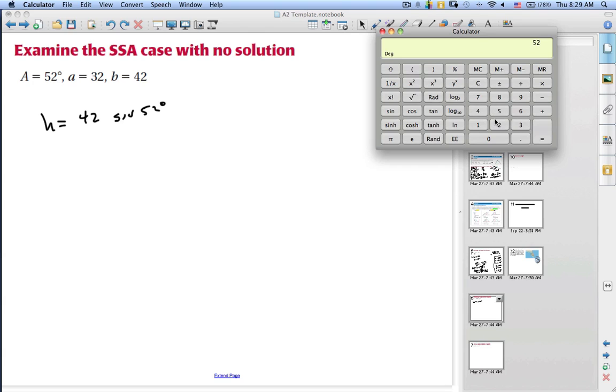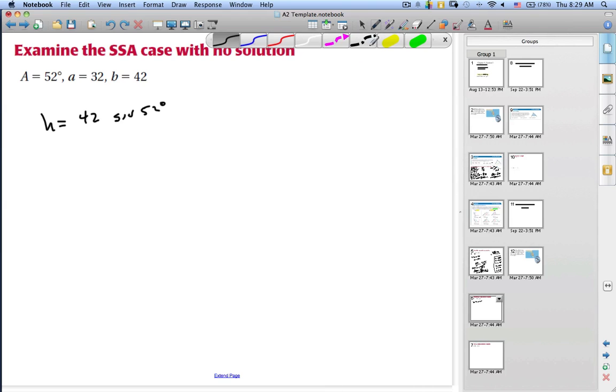I'm going to find 52 sine times 42 equals, so my height is 33, and you'll see that my side is shorter than that. 33.09, actually 33.1 is essentially what I have.